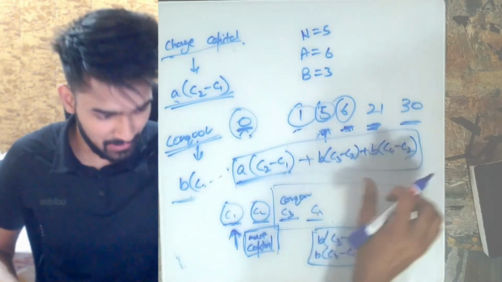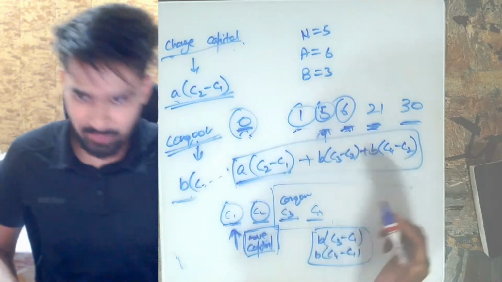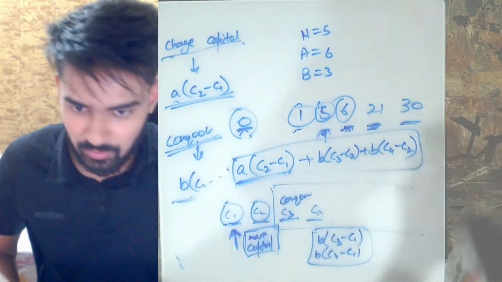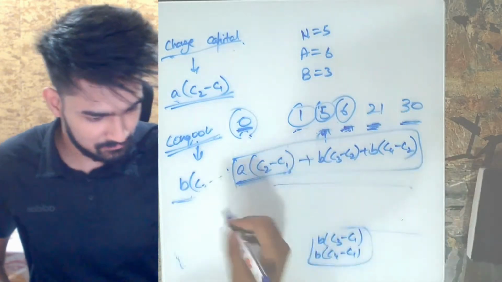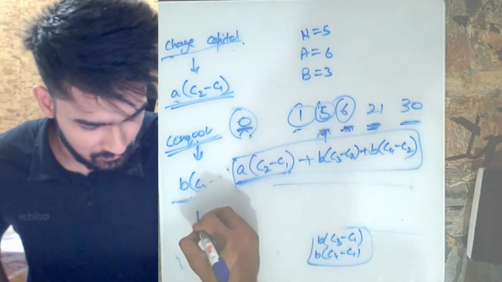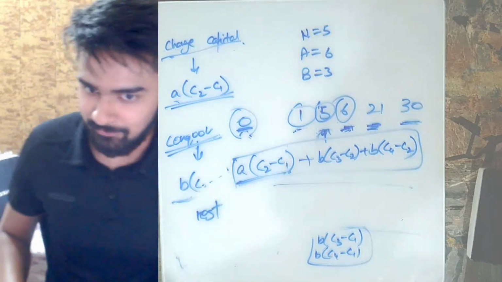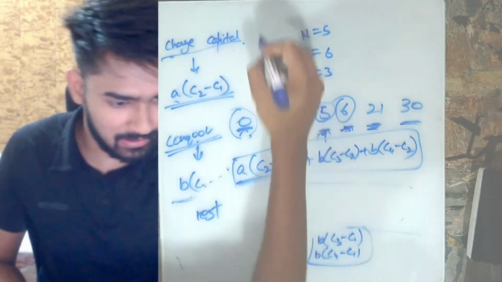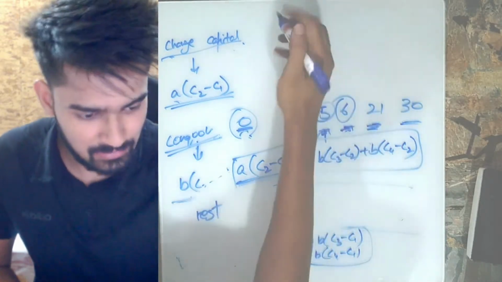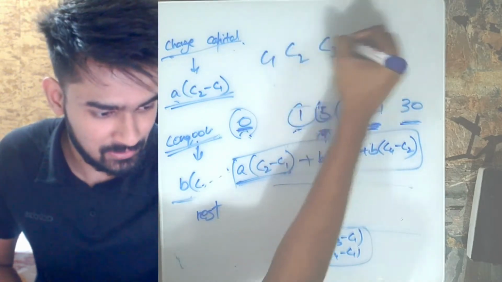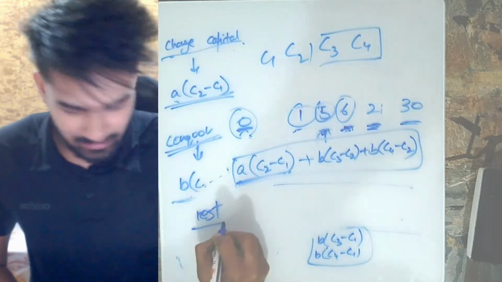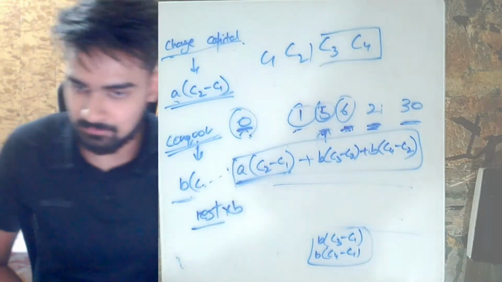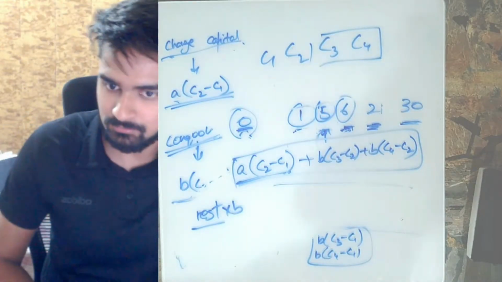If I subtract these two values, I'll just write what I will get. What I will get is the rest of the values that I am left with. We had C1, C2, C3, C4. 2 cities were still left. So rest cities into B greater than or equal to A.